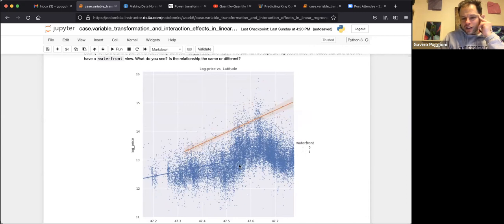And the ones that don't have a waterfront are actually the majority. So if we were just using this single predictor with interaction, we would see that these two lines actually have a different slope. So the effect of latitude seems to be more accentuated for the houses with waterfront, which is somewhat interesting.